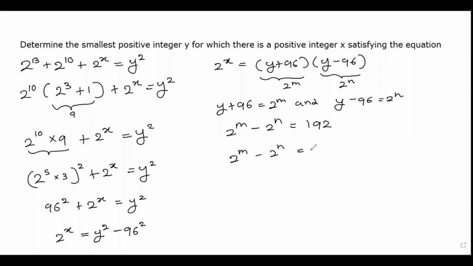We can rewrite 192 as 2^6 times 3. Then divide both sides by 2^6. According to the indices rule, 2^m divided by 2^6 can be written as 2^(m-6). Do the same thing for 2^n.